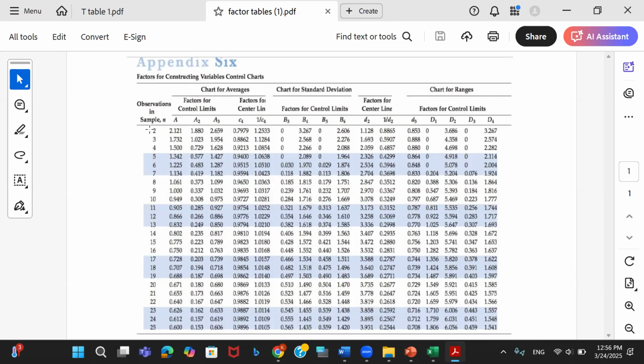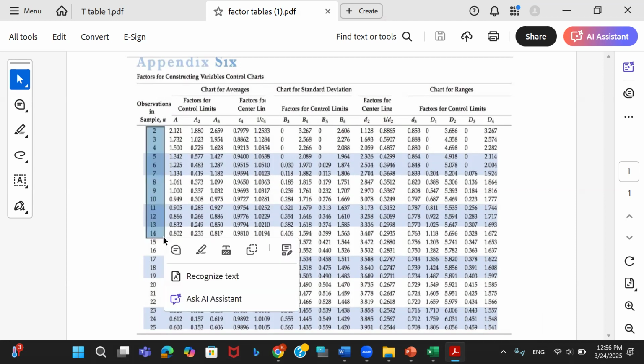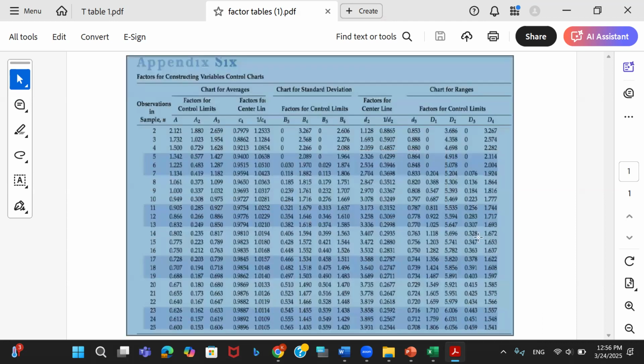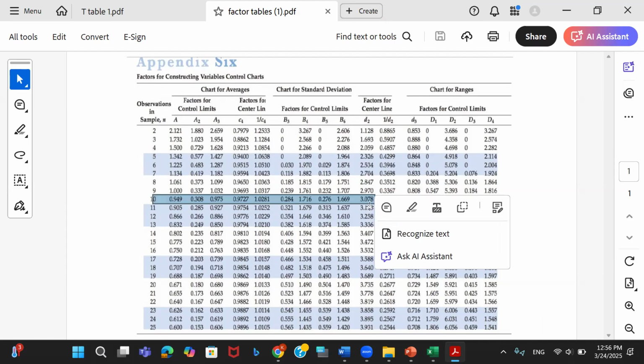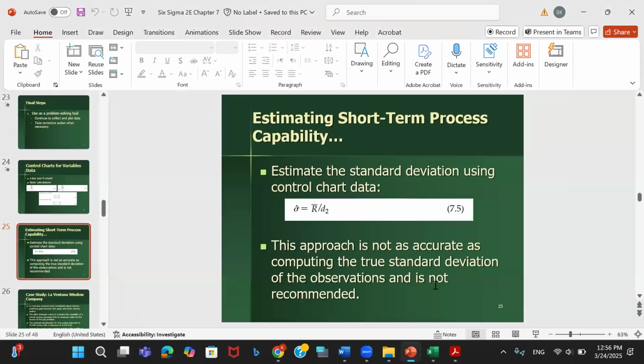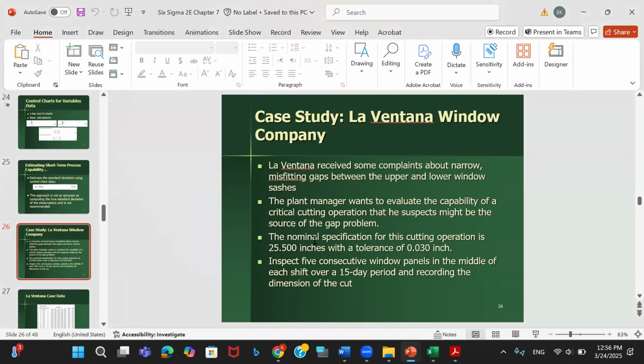So if I know the sample size, for example the sample size is 10, I can find D2 here. It's 3.078.